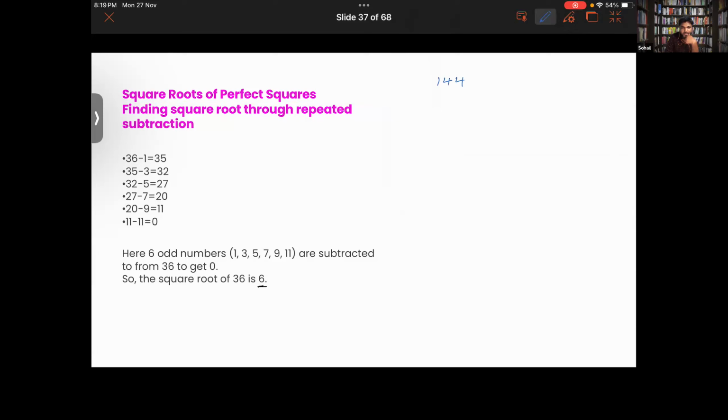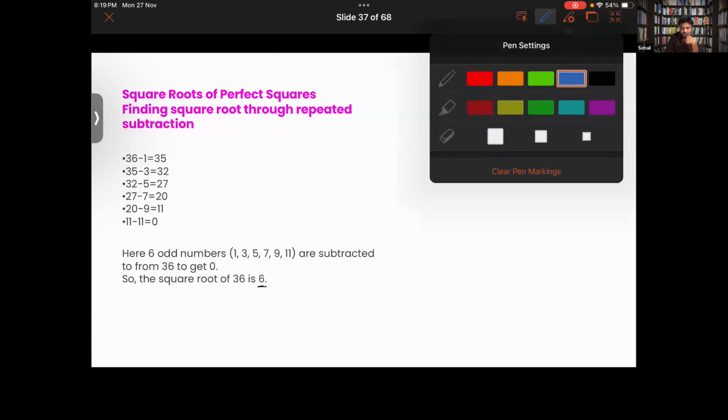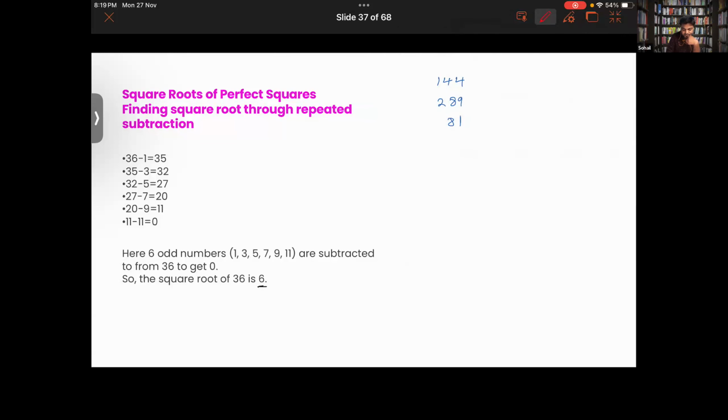Sir, 289. Okay. Which number do you have to solve? Sir, 81, let's say. Solve it quickly. Sir, I know the answer. But practice it with the method, so that you will be able to retain the concept.